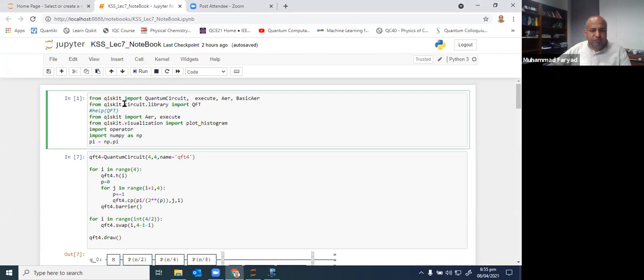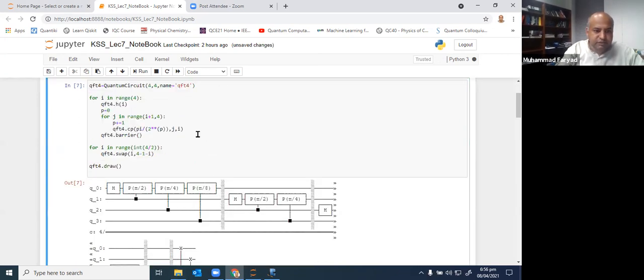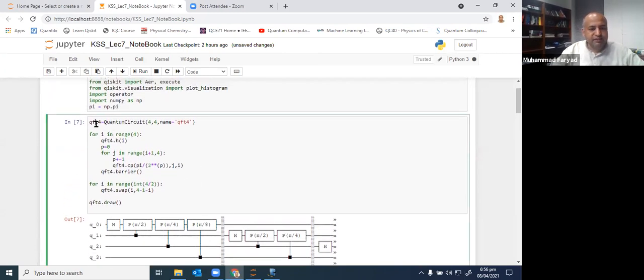So this input 1 is just loading of different things. Let me put this aside. So let's run this one. And then you see this QFT circuit that I have defined here is a very simple circuit.